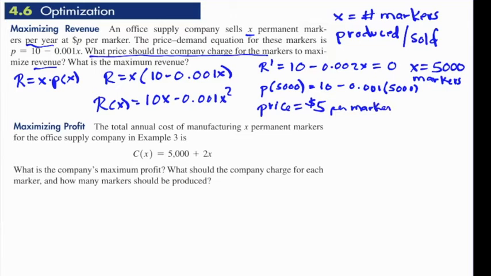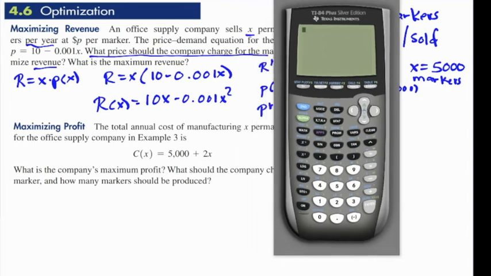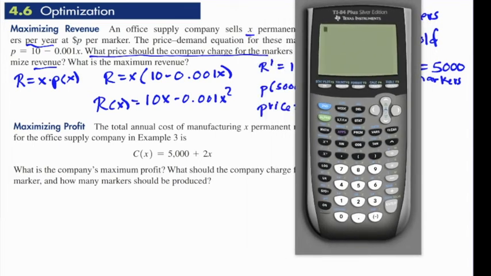Then it asks what is the maximum revenue. So we want to plug that 5,000 into our revenue function. So 10 times 5,000 minus 0.001 times 5,000.